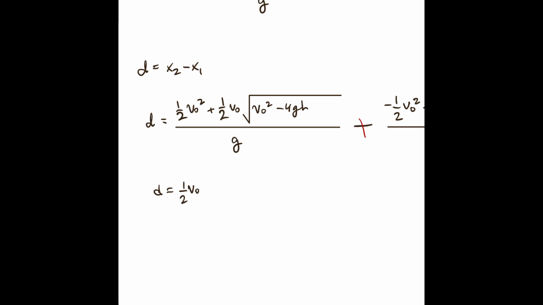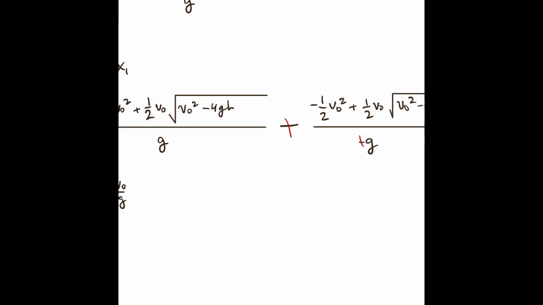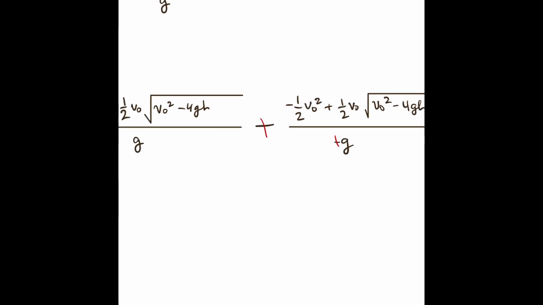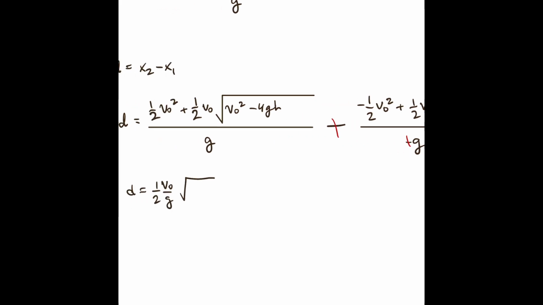So we can immediately factor out a 1/2 v naught over g. Actually, you can also factor out the square root term as well.